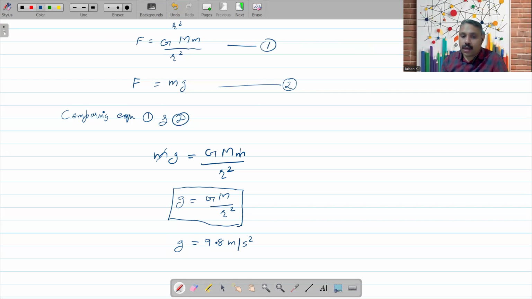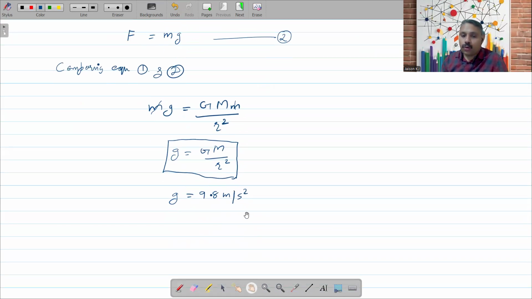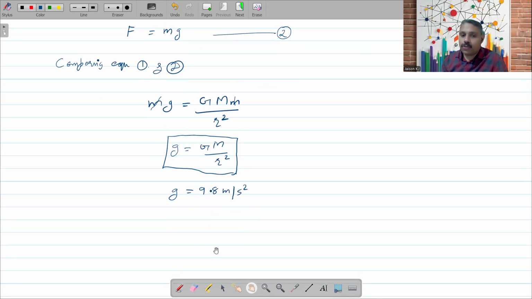And this is only an average value. Actually, this value represents the equatorial position of the Earth. But in the polar region, instead of 9.8 there is a little bit of increase, that is 10 meter per second square.